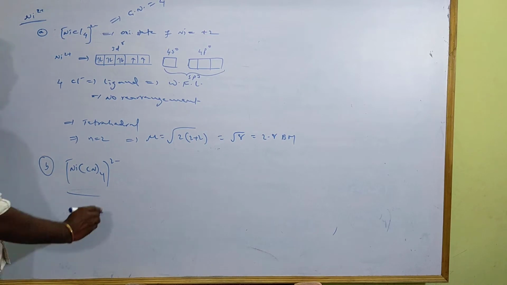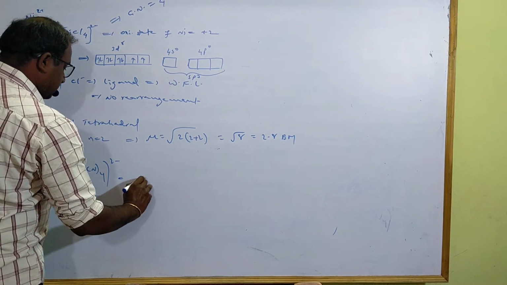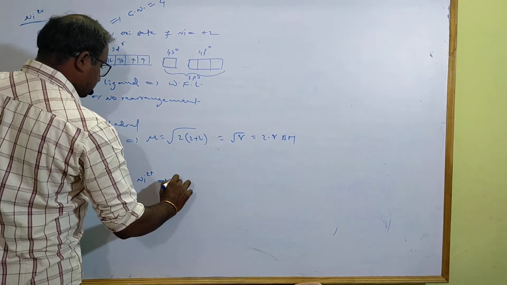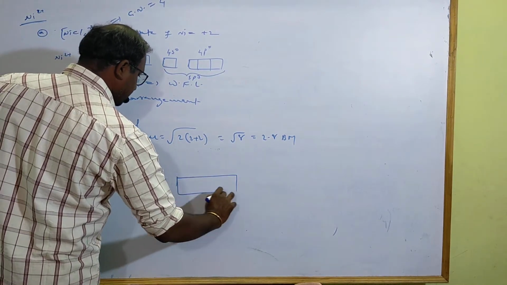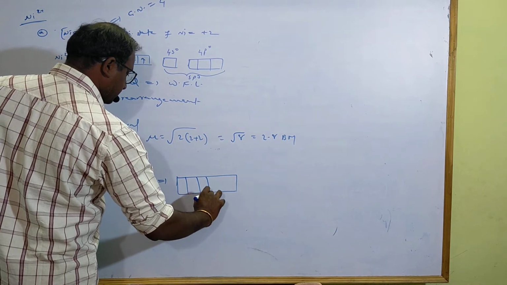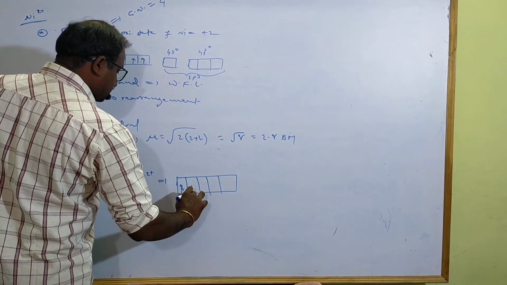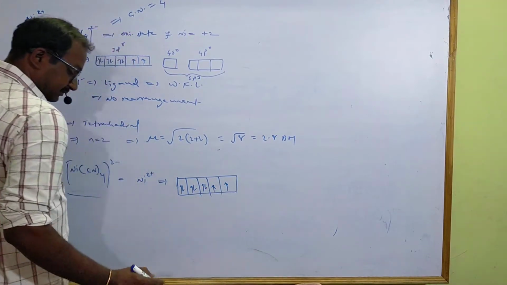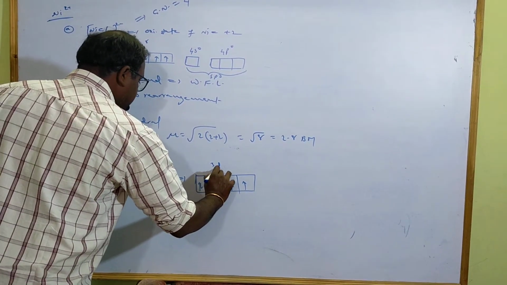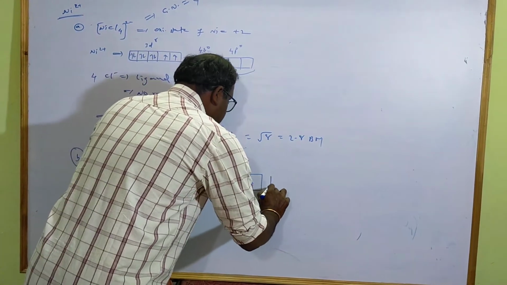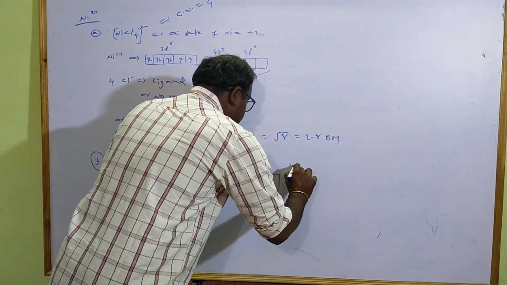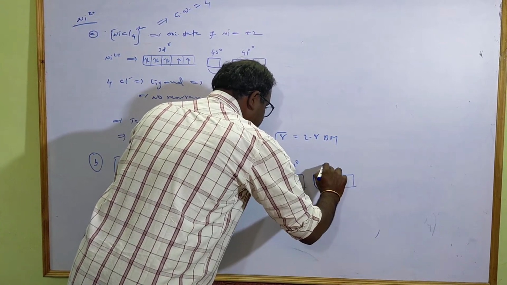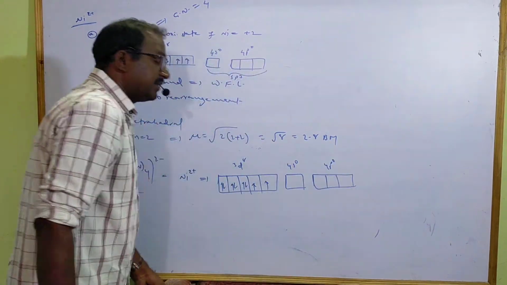Right. Same thing. Here nickel is in the +2 oxidation state, and the arrangement is the same. 8 electrons in the d orbital: 3 pairs, 2 unpaired electrons in 3d, and 4s0, 4p0.